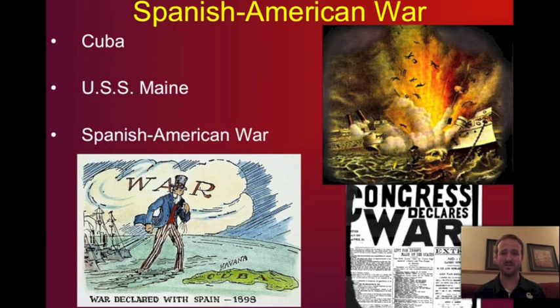Now the United States has a question that they have to answer, and that is, does the United States keep and hang on to these territories and really start to make its way toward becoming a global and imperial power? Or does the United States do basically what it was fighting for in Cuba, and that was to give these countries their independence?